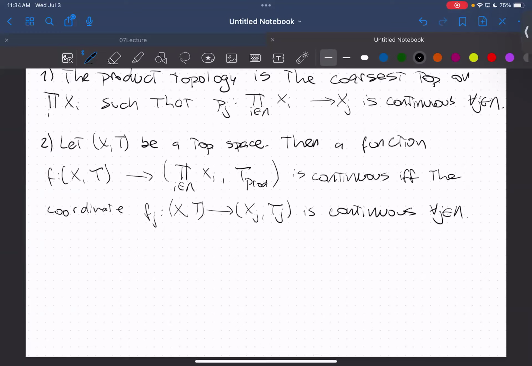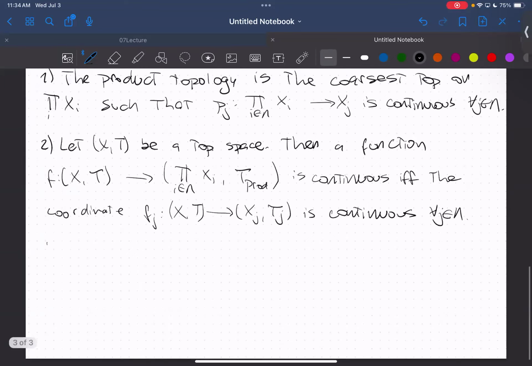So let's try to prove one. Let's try to write a proof for one. I'm saying the product is the coarsest topology doing something. So I first need to verify it does something, and then that it's the smallest one.